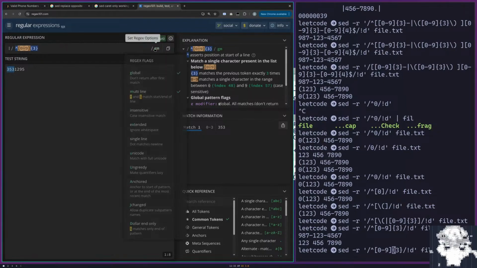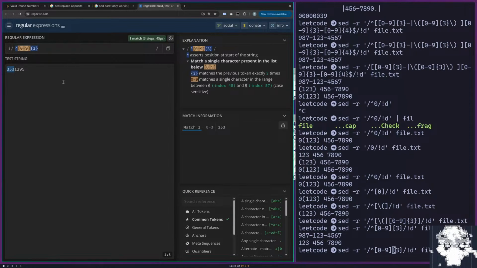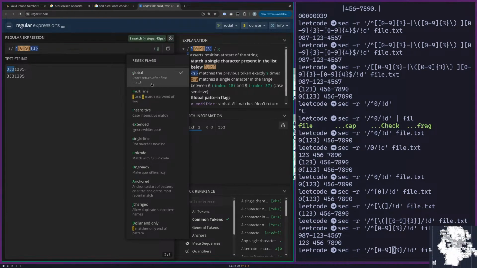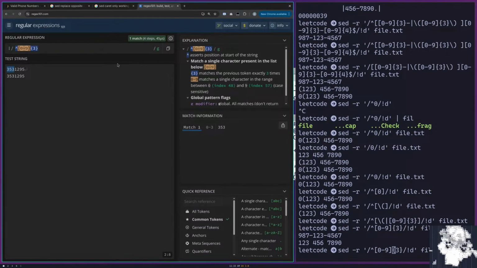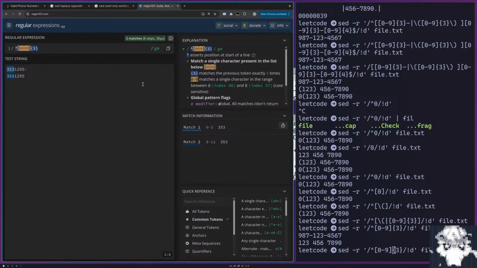No. But this is only... So I do need the M in regex 101 to tell it that caret means the first of each line.